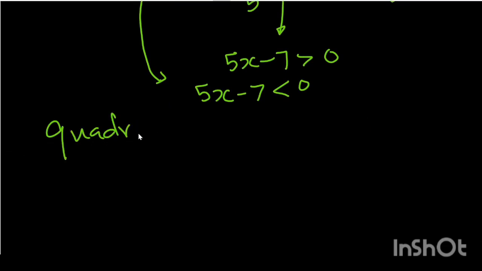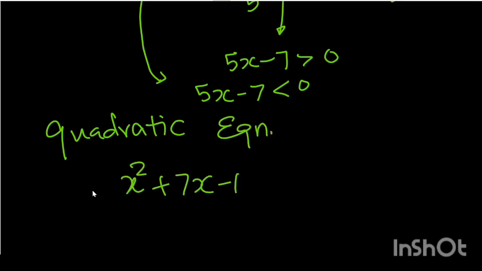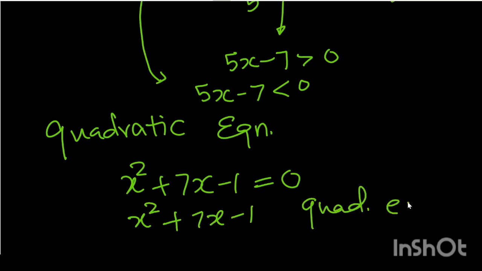A quadratic equation is when you equate it to 0. Like x square plus 7x minus 1, I equate it to 0, this becomes an equation. Simply if I write it like this, this is a quadratic expression, guys. I can name this quadratic expression as fx, gx and so on.